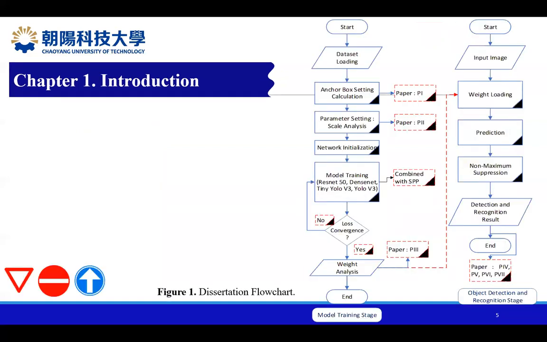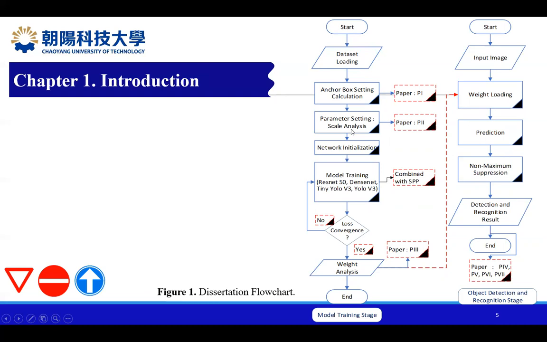This is my dissertation flowchart. As we all know, in computer vision, especially for object detection and recognition, it is divided into two stages. The first one is the model training stage, and the second one is the object detection and recognition stage. So we start by loading the data set, and then I do the anchor box setting calculations.